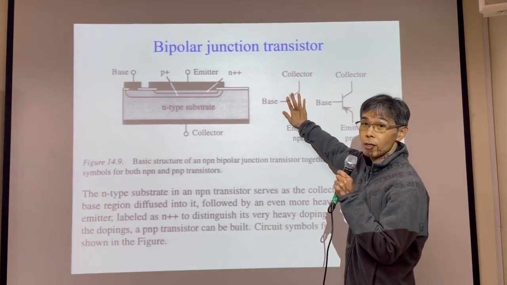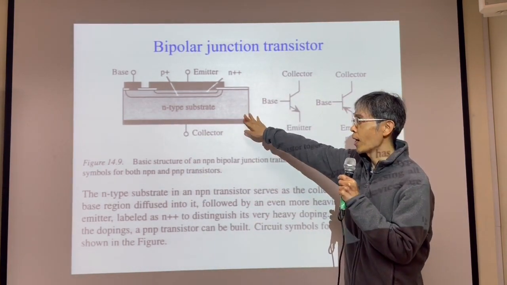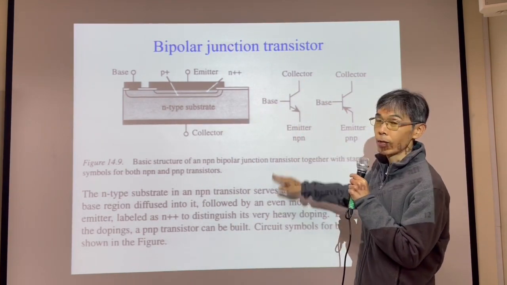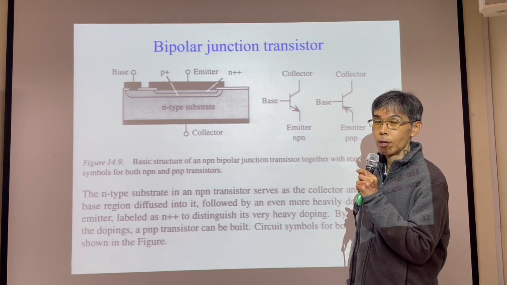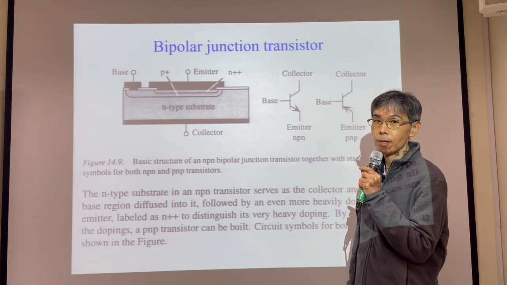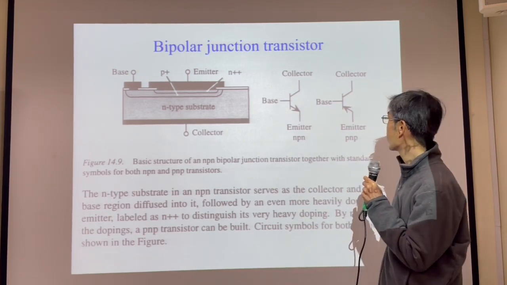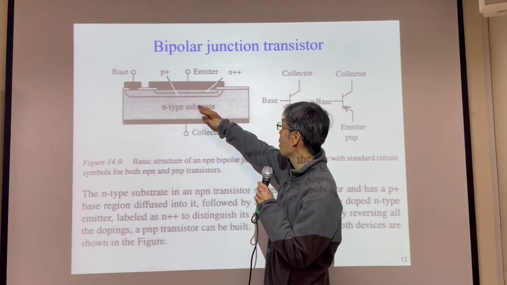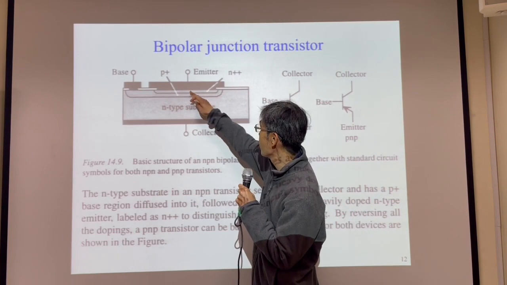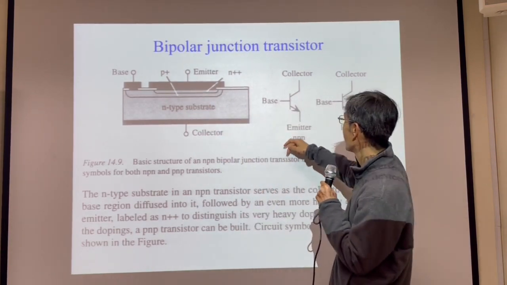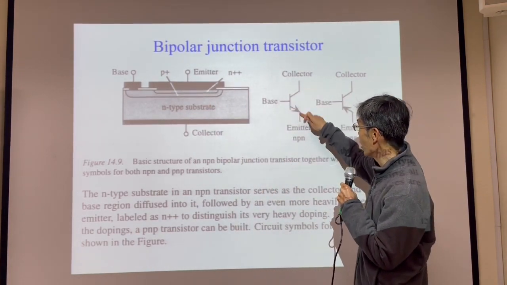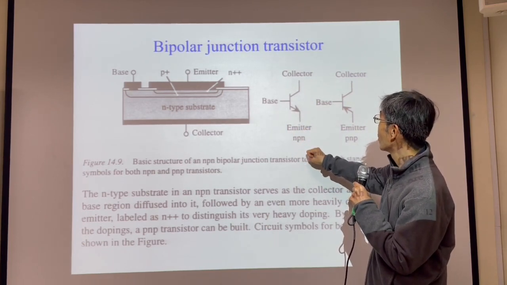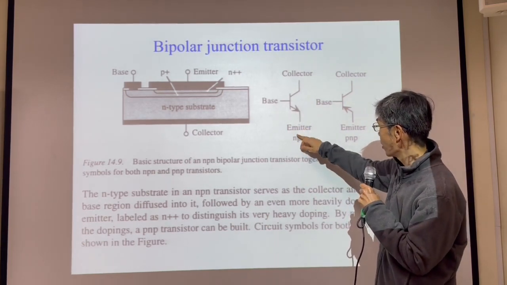This is the circuit symbol for this device. Base, collector, emitter. We call this one a bipolar junction transistor, BJT. Because this is NPN, we call this an NPN transistor.